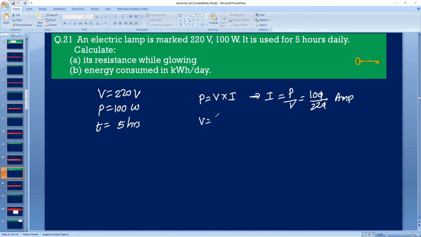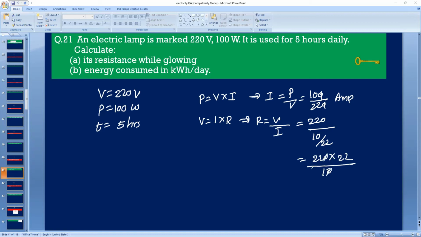Now, V is equal to I into R. From that, R is equal to V by I. So, V value 220 by current value 10 by 22, which means 220 into 22 by 10. Here 0, 0 will be cancelled. 22 into 22. So answer here: 484 ohms. This is the resistance while glowing.